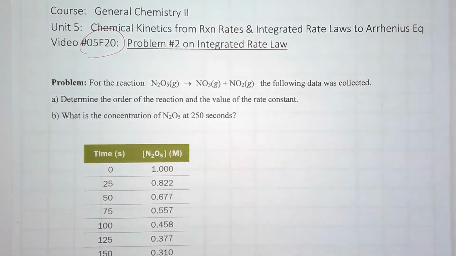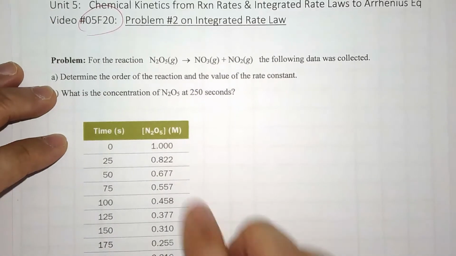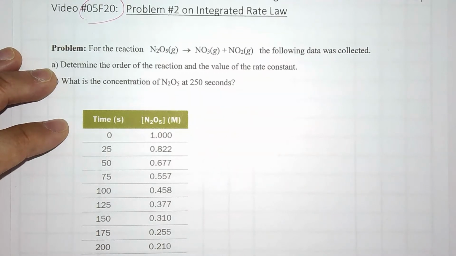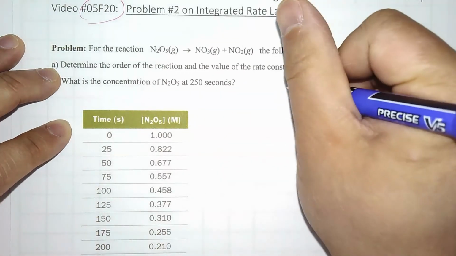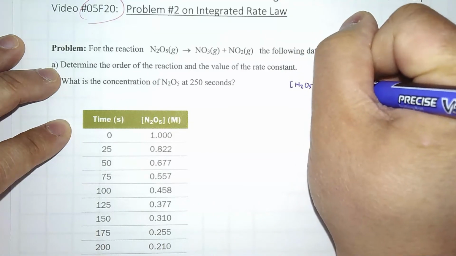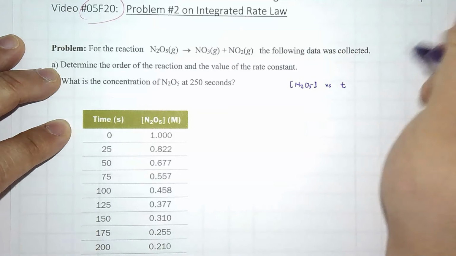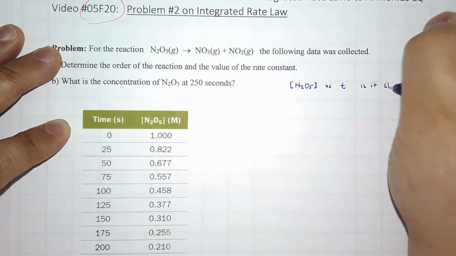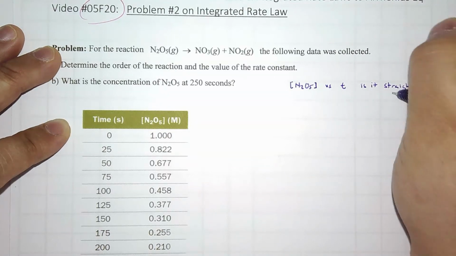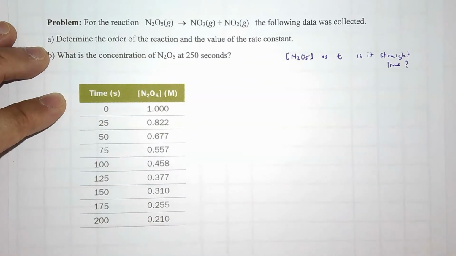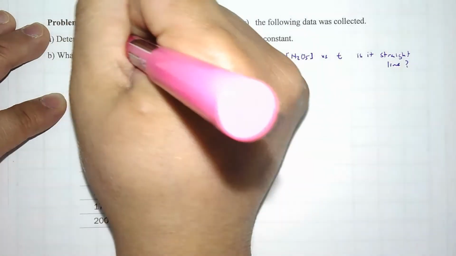Let me show you how I would relatively quickly try to figure out if I have a straight line, because I want to literally know: is the plot of this starting material versus time a straight line? That's my main task right now, because I've got to figure out the order.